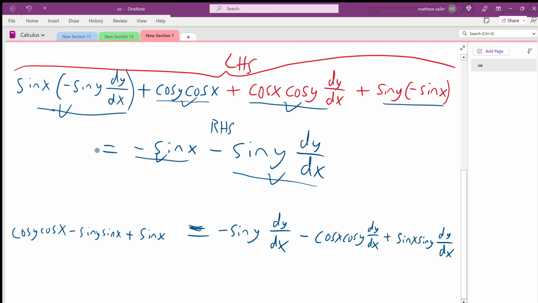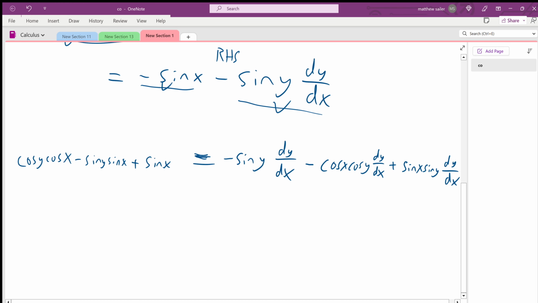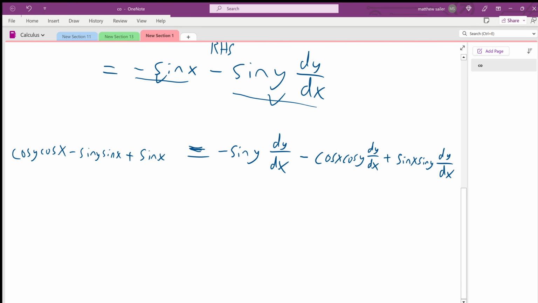And that is all the pieces. So moving on down, on the right-hand side, we can pull out the dy dx because it is inside each term here. So this is going to equal dy dx times this whole thing: negative sine of y minus cosine x cosine y plus sine x sine y.